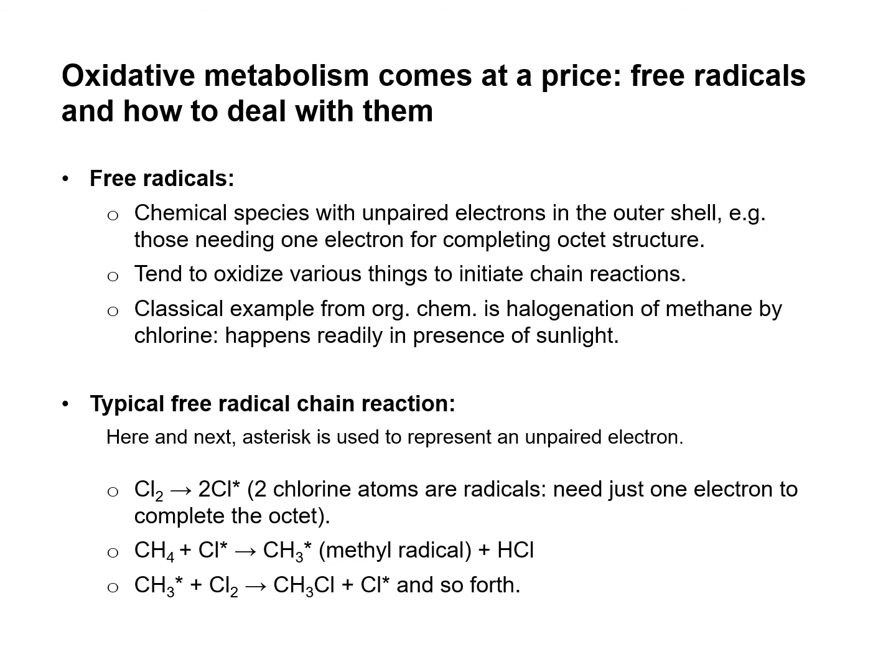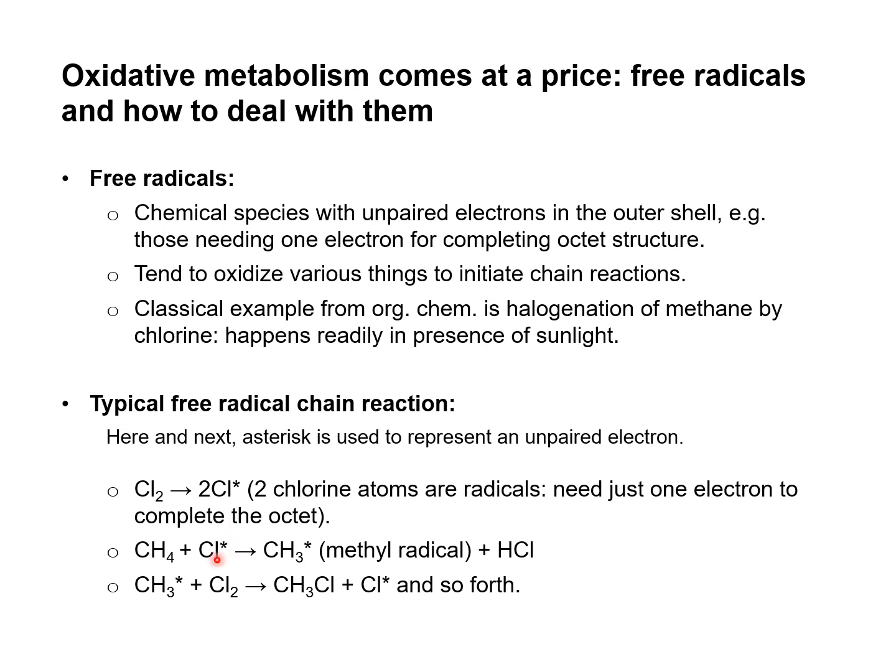A classical example of a free radical reaction from organic chemistry is the halogenation of methane by chlorine. It happens readily in the presence of sunlight. So here is an example of a typical free radical chain reaction. And in the next slide, the asterisk is used to represent an unpaired electron of the free radicals. Here there's a chlorine gas molecule, and it is turned into two chlorine atoms that are radicals now, so they need just one electron to complete the octets.